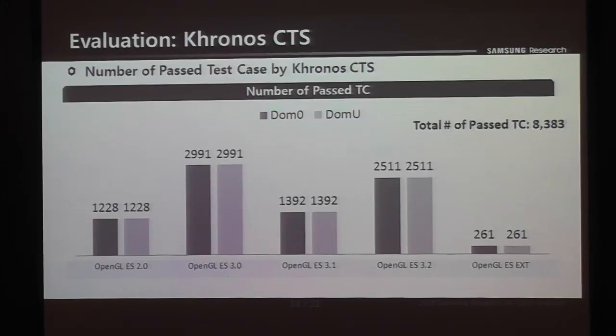We passed all the test cases from OpenGL ES 2.0 to 3.2, which is the latest API, in addition to the extension APIs. So the total comes to 8,383. We passed all the test cases.